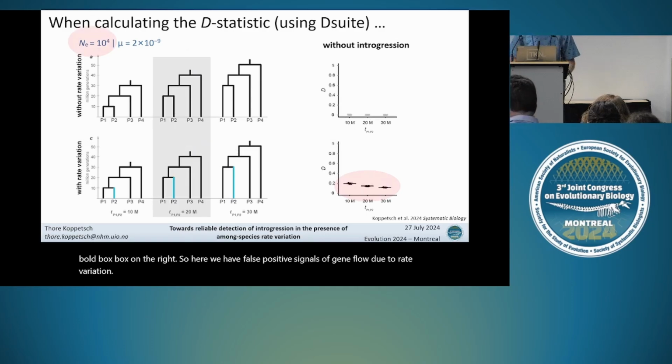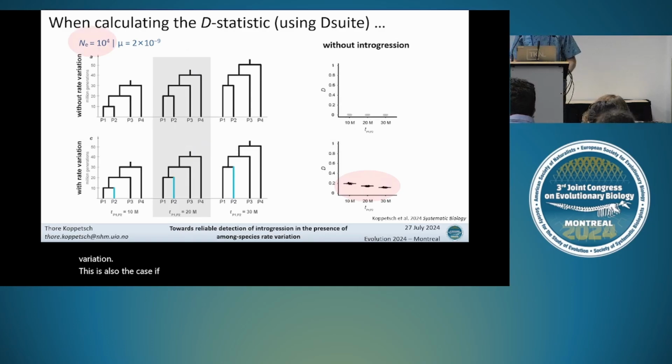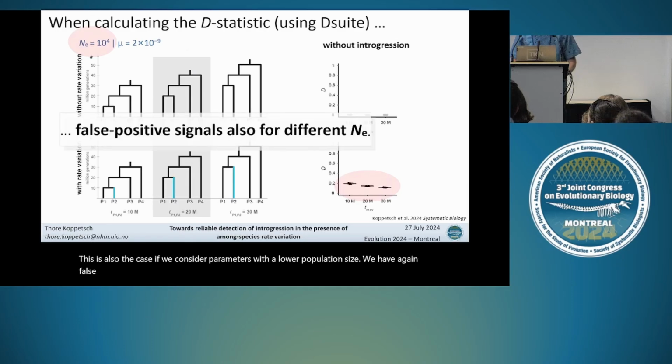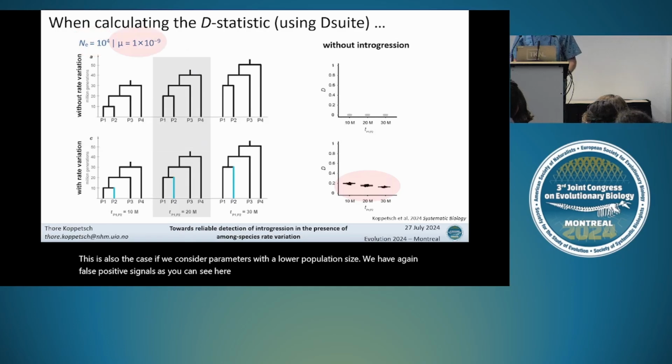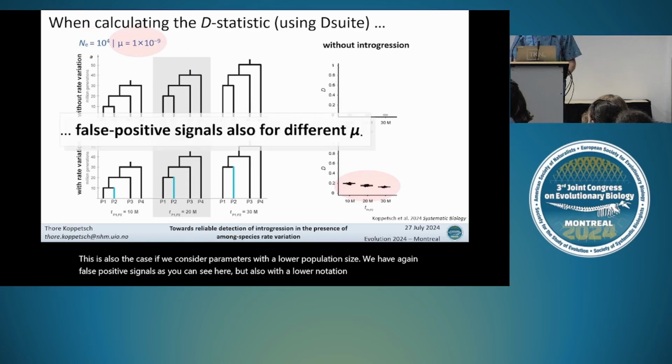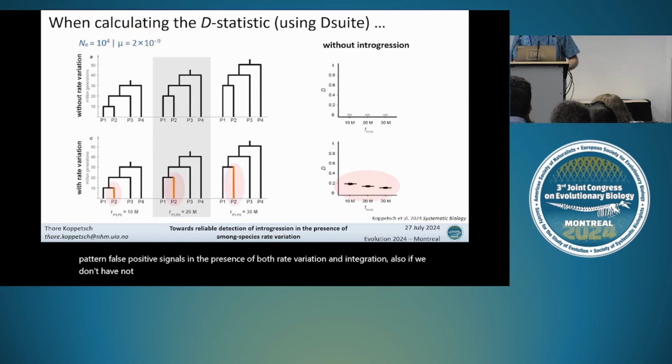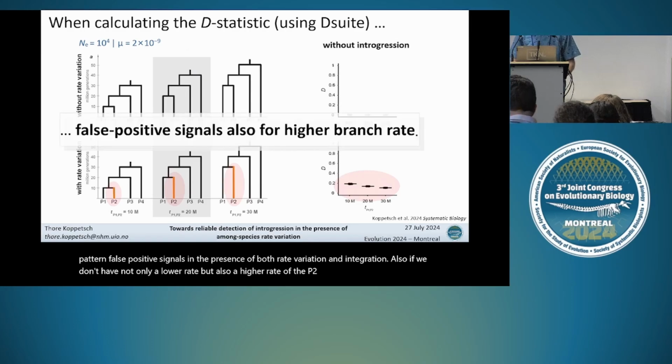This is also the case if we consider parameters with a lower population size. We have again false positive signals, as you can see here, but also with a lower mutation rate, the same pattern: false positive signals in the presence of rate variation. Also, if we have not only a lower rate but also a higher rate of the P2 branch, we can see the same pattern, again, false positives.